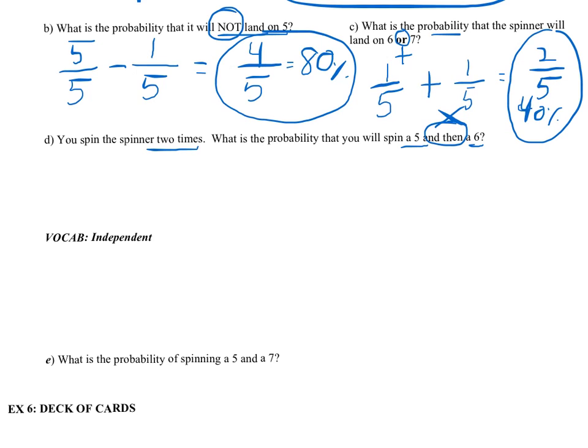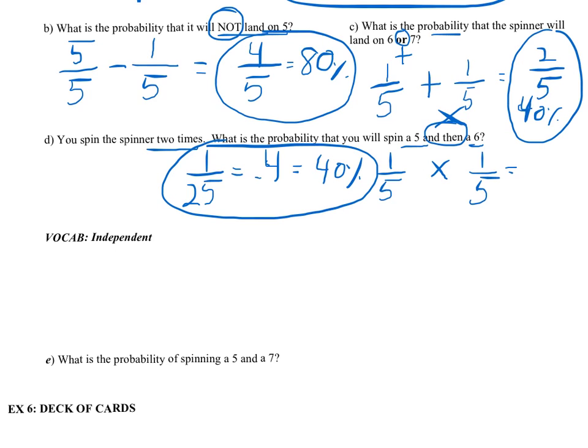Well, what's the probability of spinning a 5? 1 out of 5. What's the probability of a 6? Well, there's only one space out of 5. Okay, and what do we do with these two probabilities? Because it has the words and then, we know we have to multiply. So that answer would give us 1 out of 25, which is equal to 0.4, which is equal to 40%.